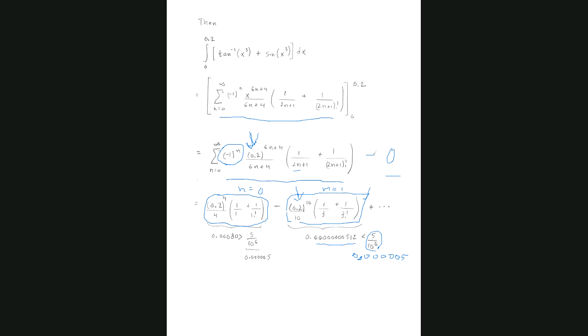And our second term of the series is smaller. So therefore, to get our approximation correct to within 5 decimal places, we only need to take one term of the series. We only need one term. And this is how you apply the alternating series estimation theorem.